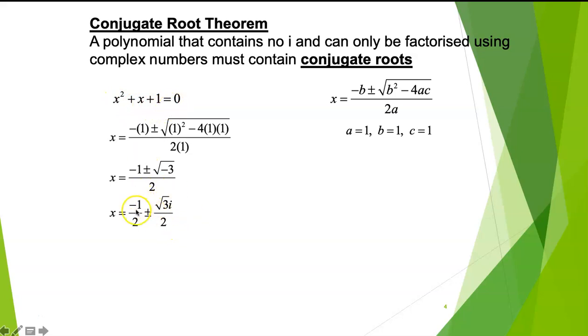Now you notice that again this solution has a conjugate. So these are two conjugate roots. The first root is plus square root of 3i over 2, and this is minus square root of 3i over 2. So there are two conjugate roots because the polynomial has no imaginary component.